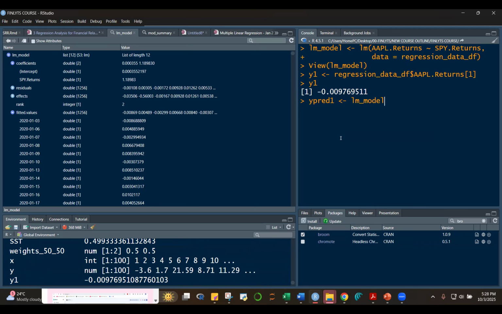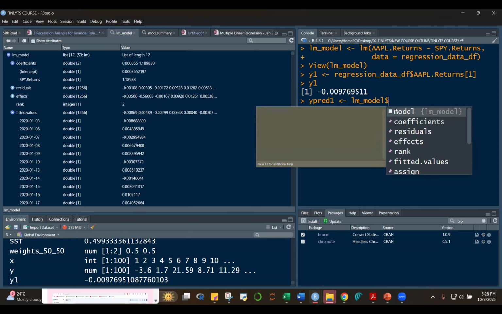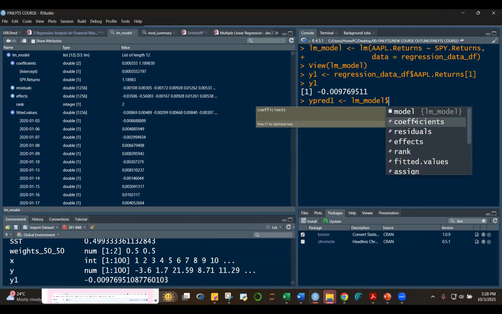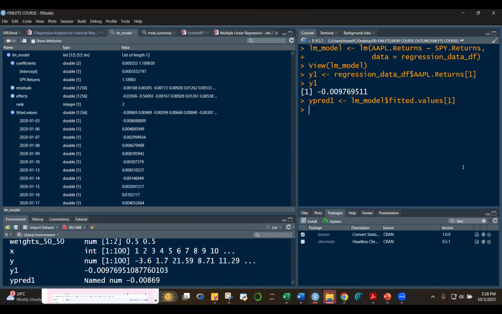Yan. Nasa LM model natin yan, yung regress natin, yung object na create natin. Dollar. Okay, di ba andyan dyan class yung sa LM model natin? Andyan si coefficients, si residuals, si fitted values yan class. Yan. Fitted values, yan yung mga predicted values. Tapos kunin natin lang yung first one. Okay? There you go. Sorry, hindi ko na naman sinama. Y pred 1.